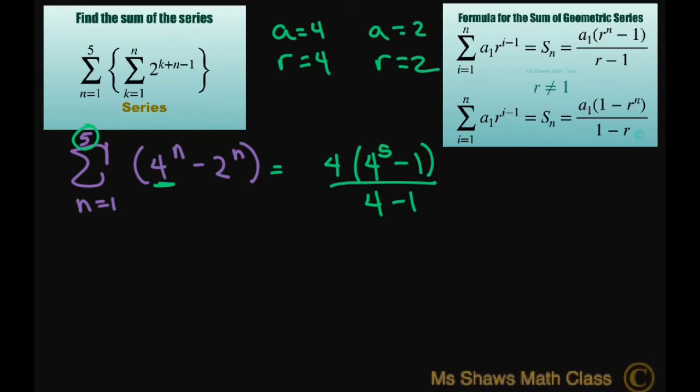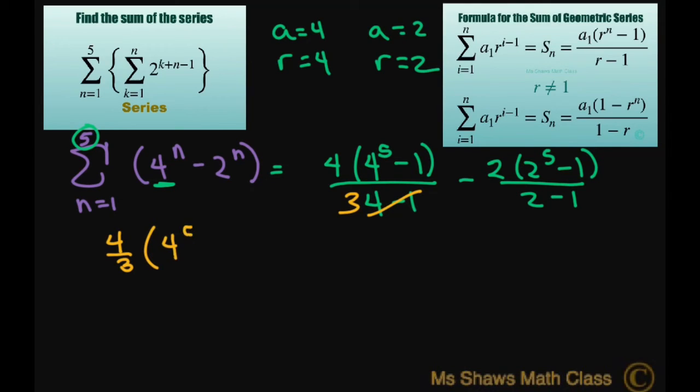So then we're going to subtract the same thing, 2 times 2 to the power of 5 minus 1 divided by 2 minus 1. All right, for this one, the denominator is 3. So we're going to have 4 divided by 3 times 4 to the power of 5 minus 1.